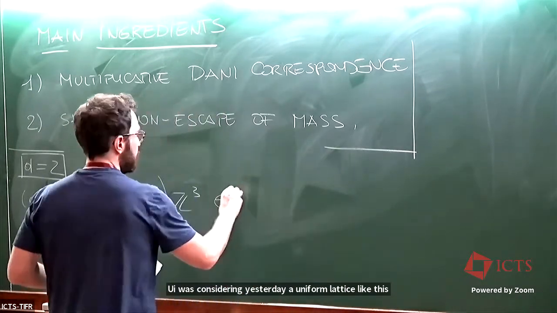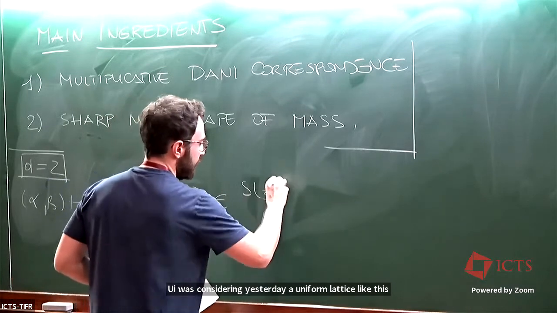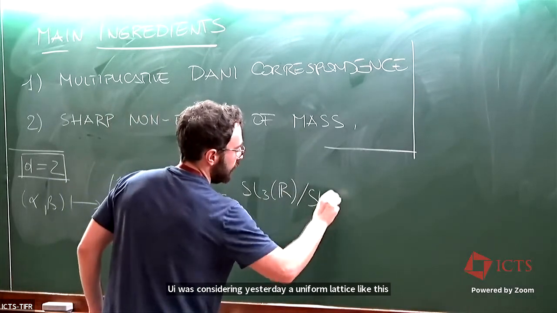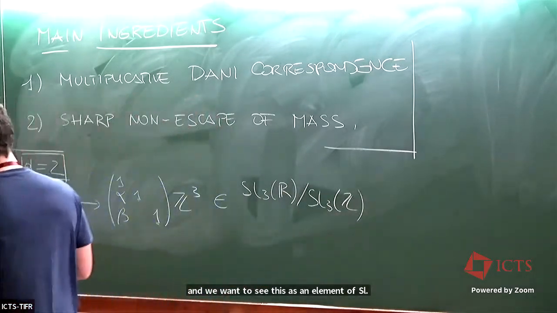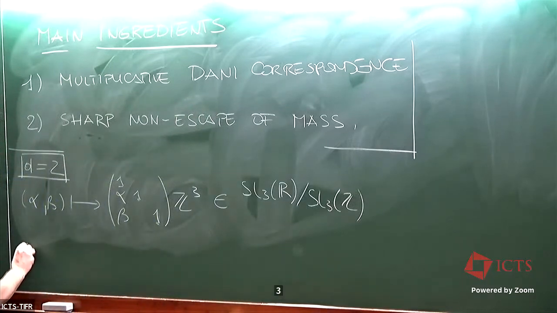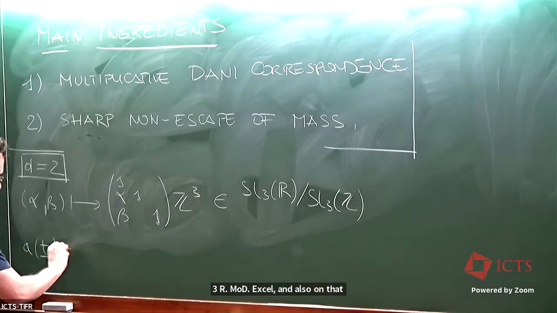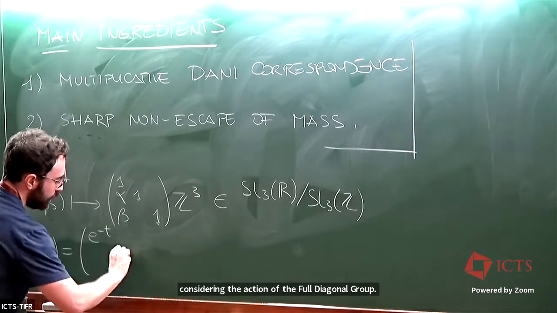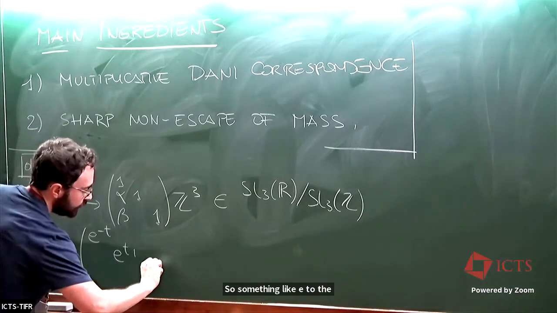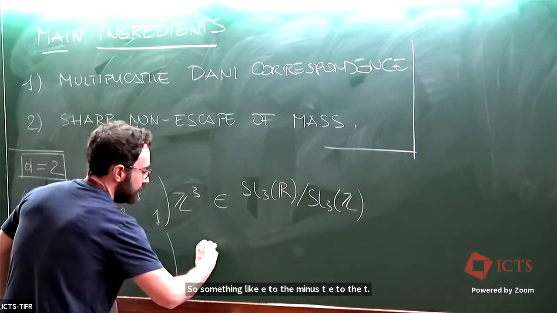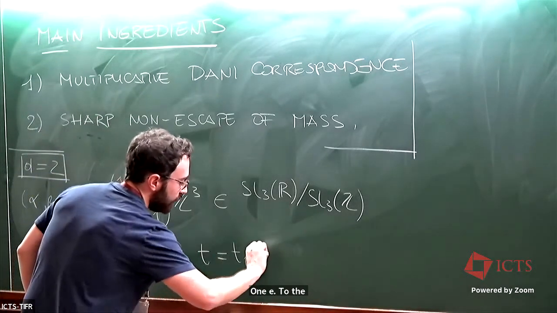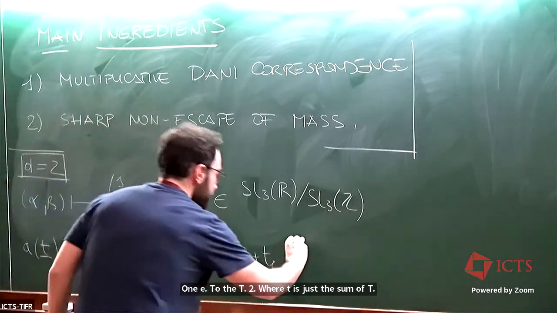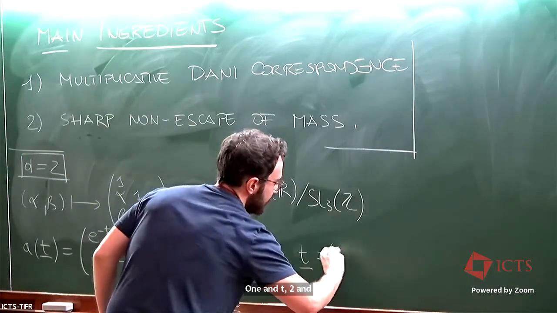And we want to see this as an element of SL3R mod SL3Z. And also on that space, we will be considering the action of the full diagonal group. So something like e to the minus t, e to the t1, e to the t2, where t is just the sum of t1 and t2, and t underlined is the vector t1, t2.